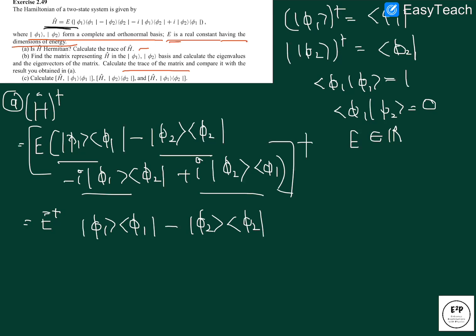Now in this, the positions of phi 1 and phi 2 will change, and this i will be replaced by minus i, and minus will get plus. So we get plus phi 2 phi 1. The same goes for this; this will be replaced by minus i, so minus i phi 1 phi 2.